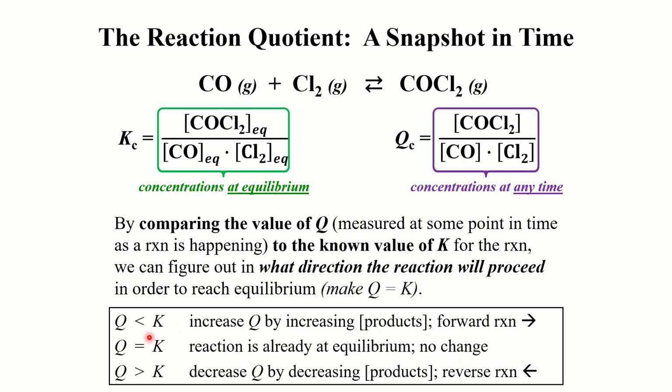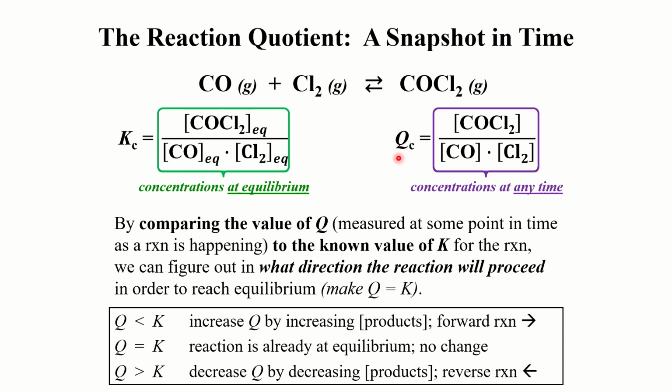There are three cases to remember. If Q is less than K, this means we need to increase Q. And if we need to increase the value of Q, this means we need to make the number on top bigger, right? If Q is less than K, obviously I need to make Q bigger.